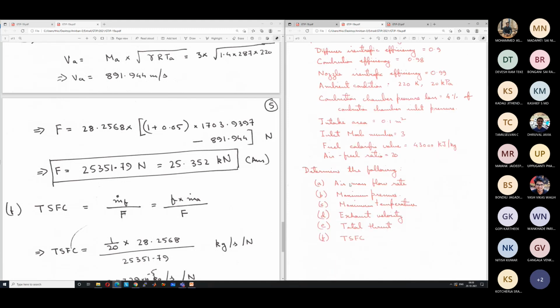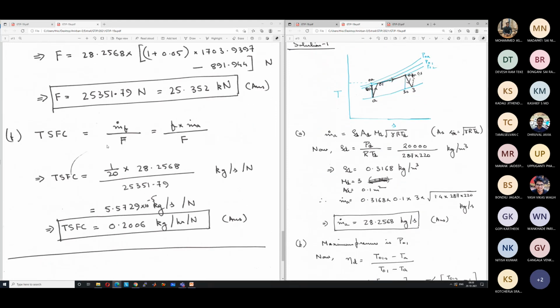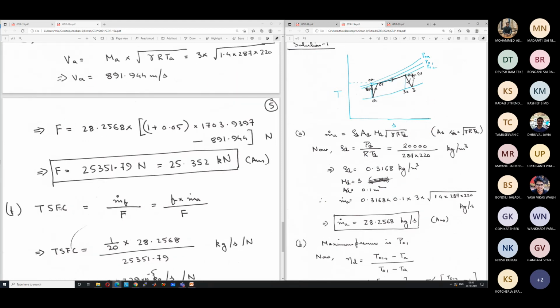The final question is to find the thrust specific fuel consumption. By definition, this is the amount of fuel required for unit thrust generation, or the mass flow rate of fuel divided by the thrust that is generated. Mass flow rate of fuel is equal to the fuel-air ratio into the mass flow rate of air. So TSFC becomes f into m dot a divided by capital F, the thrust generated.